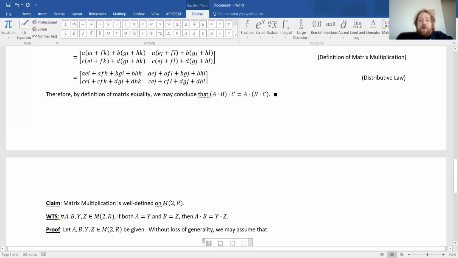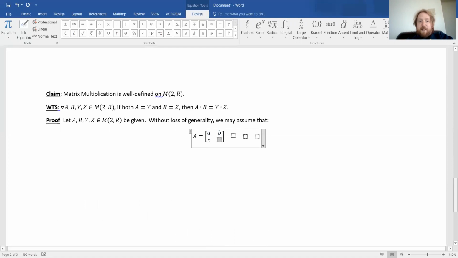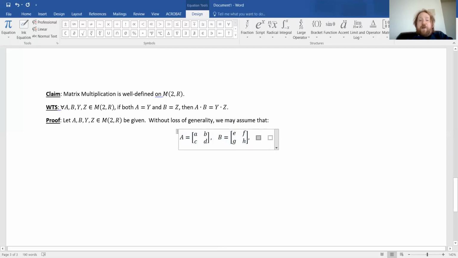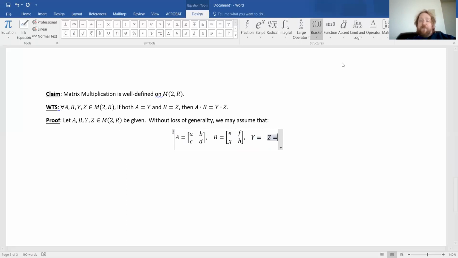So A and B will take letters going from the beginning of the alphabet. A is the matrix A, B, C, D. B is the matrix E, F, G, H. Now, Y and Z are the matrices that we get working backwards from the end of the alphabet.